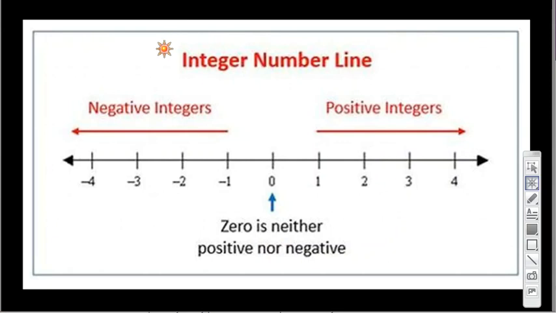This image is an image of integers. Notice that we have a number line here, and our positive integers go on forever and ever and ever in this direction. We have negative integers going on forever and ever and ever in this direction.